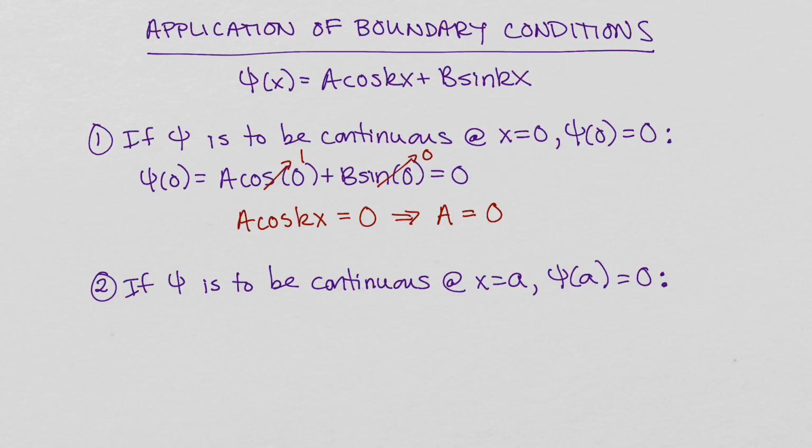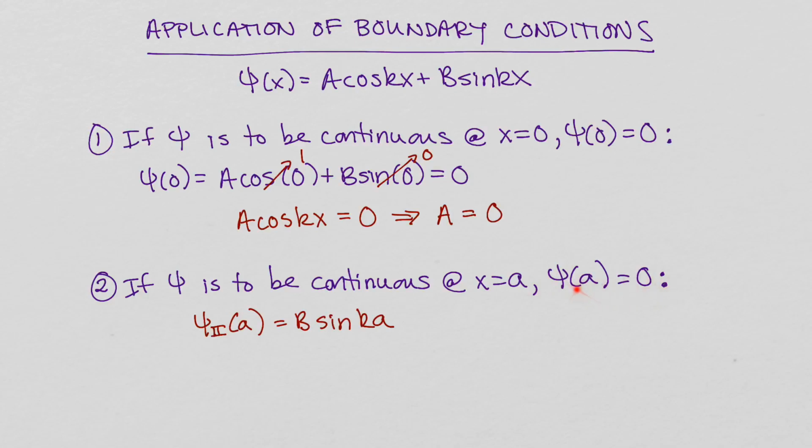Okay, so now that we know that a is equal to 0, that leaves us with the resulting wave function, b sine kx, for our next boundary at x equals a. Remember, since a equals 0, the cosine part of our wave function disappears. We're going to be left with this b sine kx term, and then we plug in our second boundary condition, which is at x equals a.